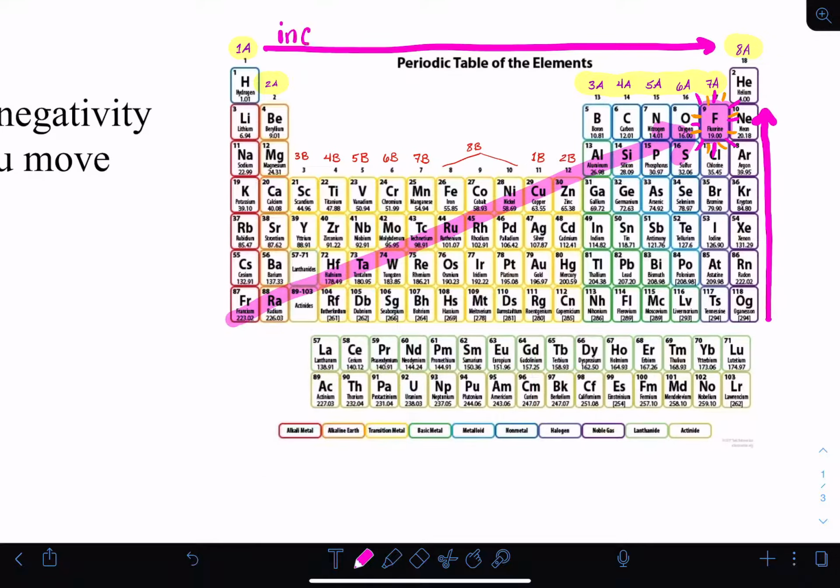As you move left to right, you will see increasing electronegativity. And as you move closer to the top of the periodic table, so as you move bottom to top, you will also find increasing electronegativity. Always moving towards fluorine.